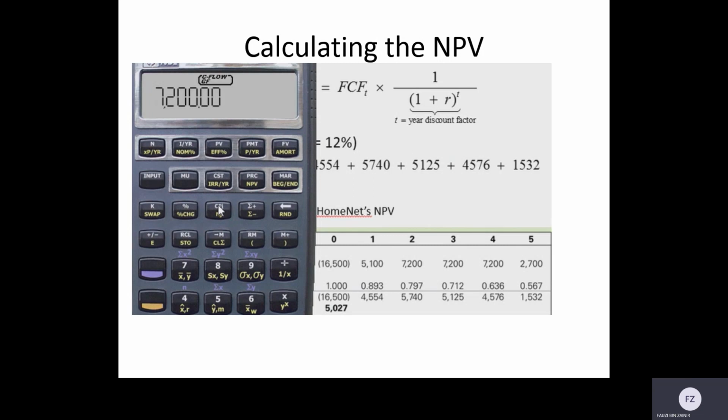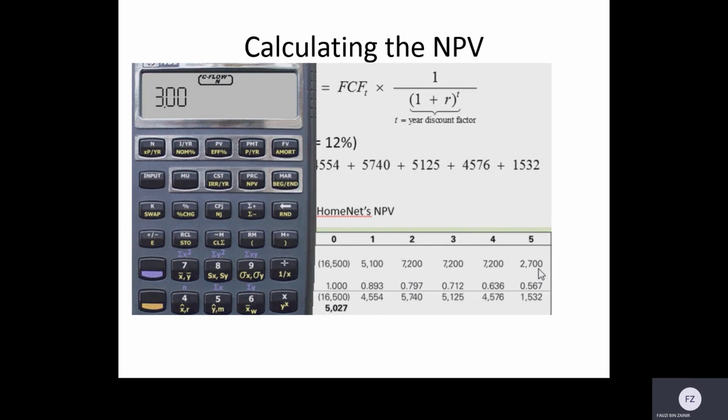Or what we can do is either repeat it another 2 more times, or tell the calculator that it is going to be 3 times the same repetition. So we press 3, orange and NJ, so that tells it the same figure applies for years 2 to 4.